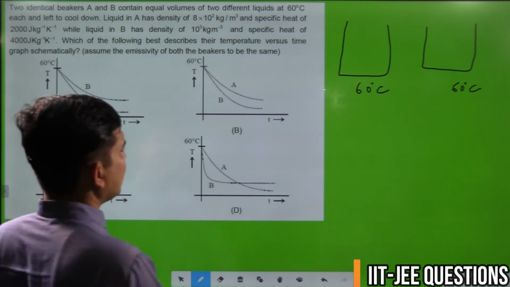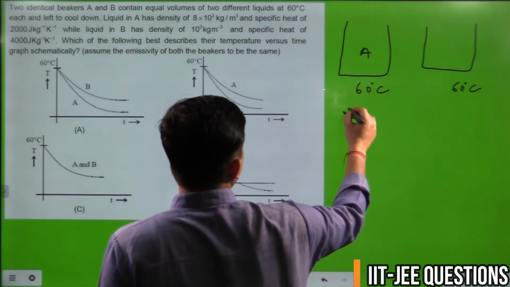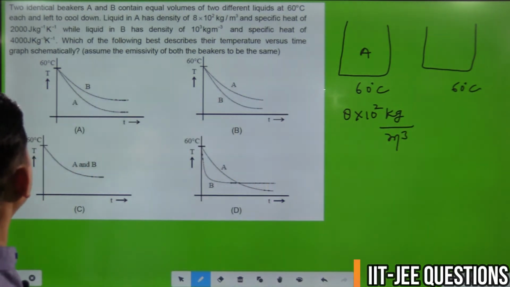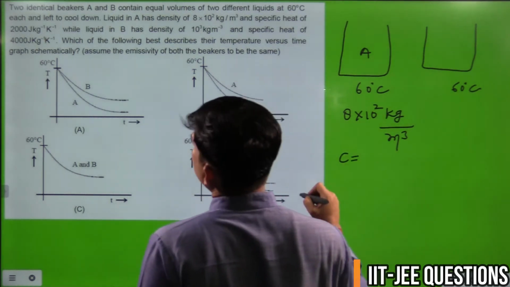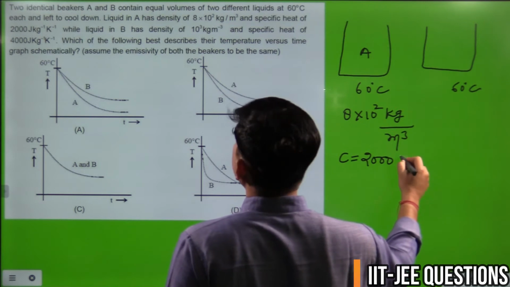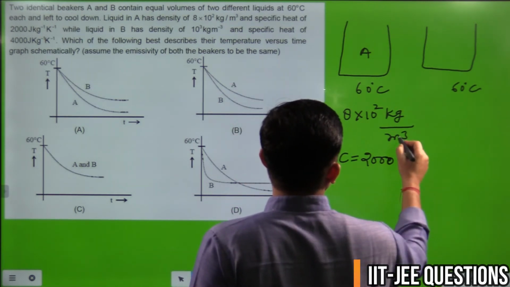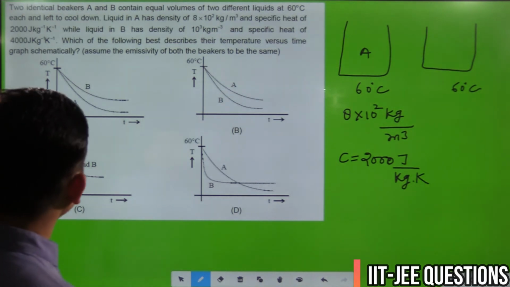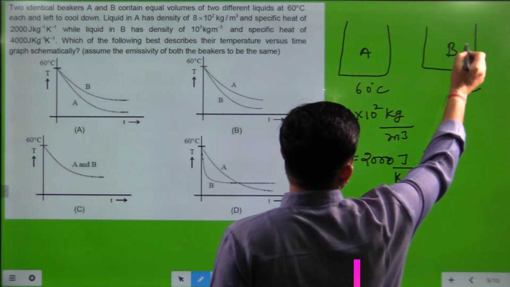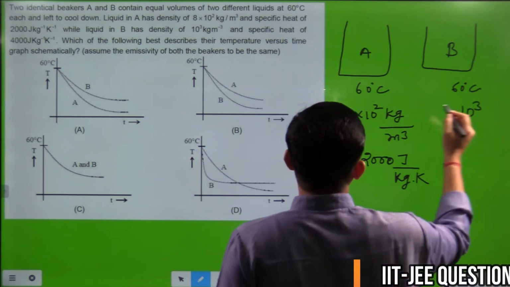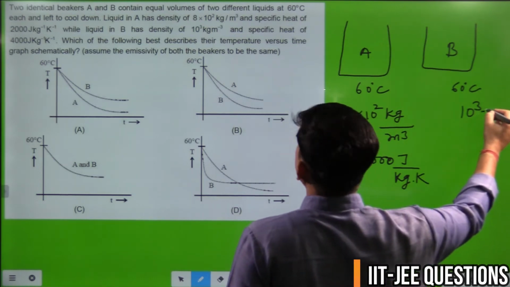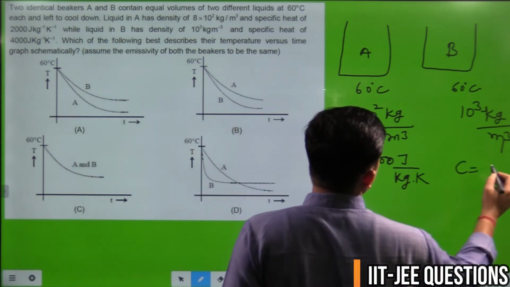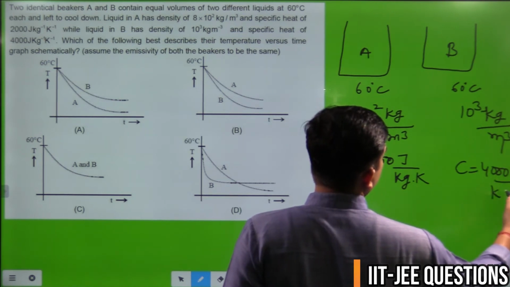Liquid in A has a density of 8 into 10 to the power 2 kg per meter cube and specific heat C of 2000 joule per kg into Kelvin, while liquid in B has a density of 10 to the power 3 kg per meter cube and specific heat C of 4000 joule per kg into Kelvin.